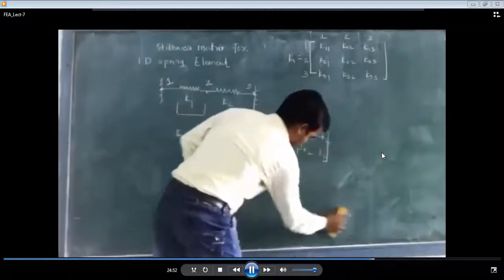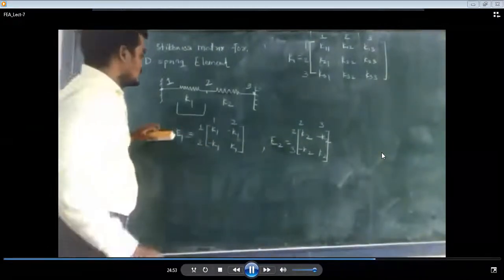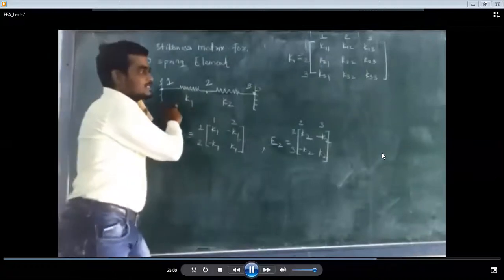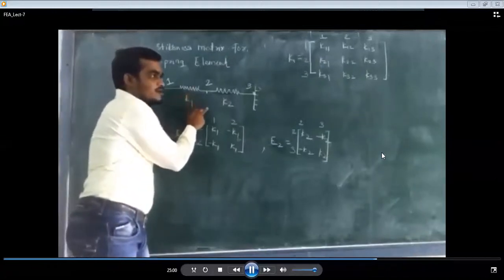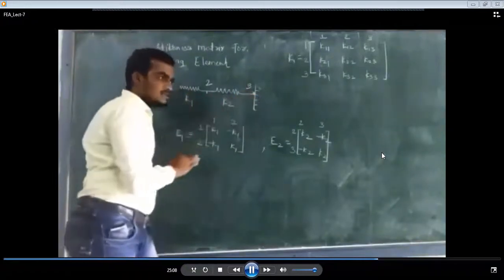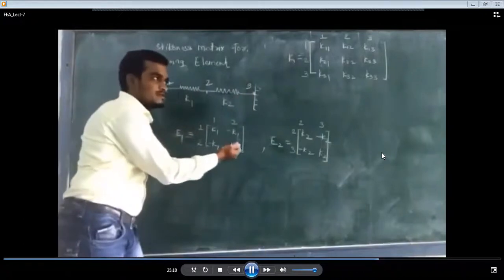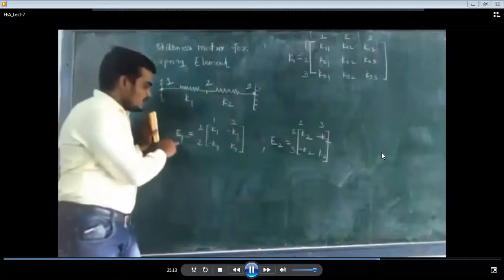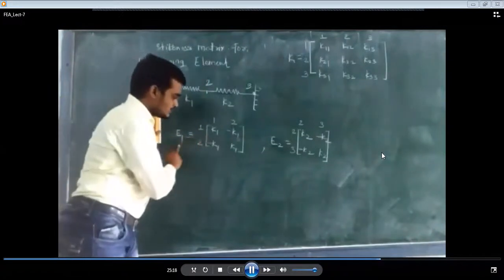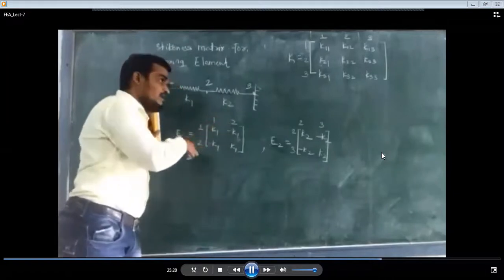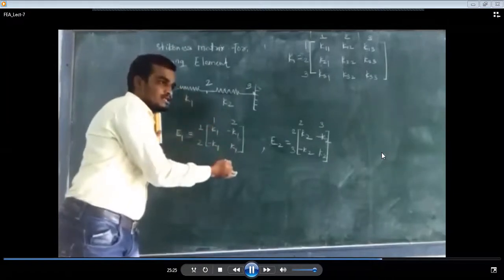Now finally we will construct our global stiffness matrix K by using these two elemental stiffness matrices E1 and E2. Here there are three nodes, so the global stiffness matrix will be of order 3 by 3. But we have written the elemental stiffness matrix only between node 1 and 2, and we need to write it between nodes 1, 2, 3.